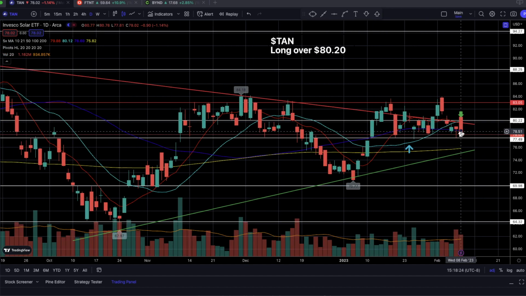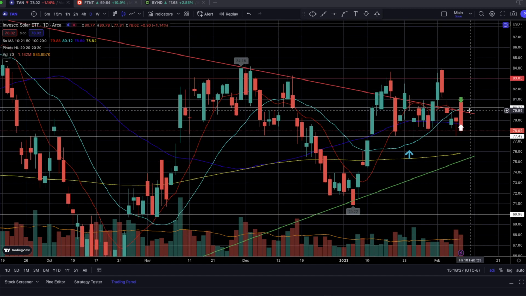If you take a look at the daily time frame over here, we opened up over this whole number level of $80. And if you take a look in the past, right over here, we see a couple of candlesticks where we see the top wick going over this whole number level of $80.